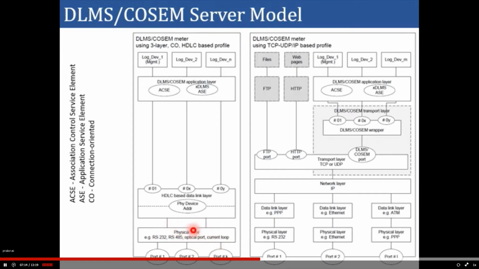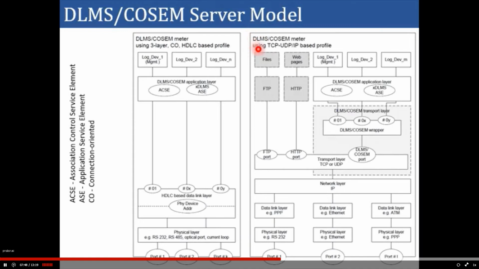At the physical layer, again the physical layer header will be added, and then data is sent to the network using any connection ports, and these ports are implementing either RS-232, 485 or optical port, and so on. Through these ports the data goes to the communication network, and then it is shared with the desired client.